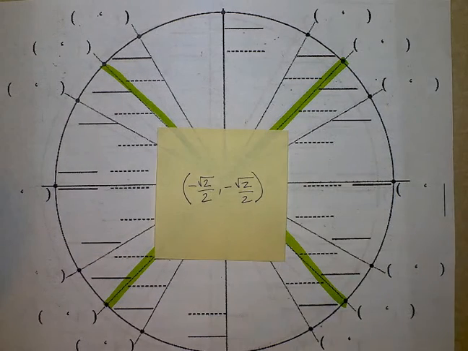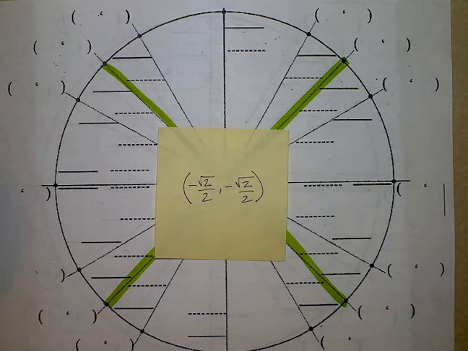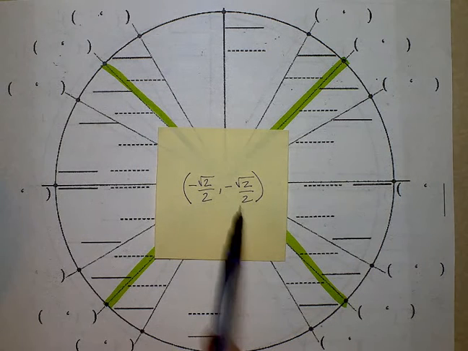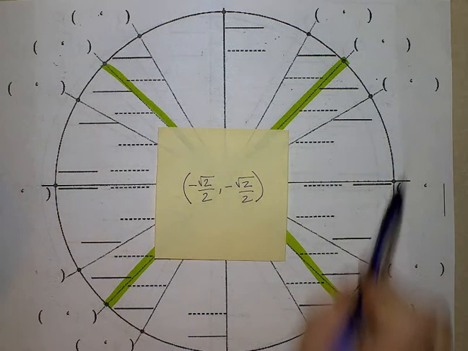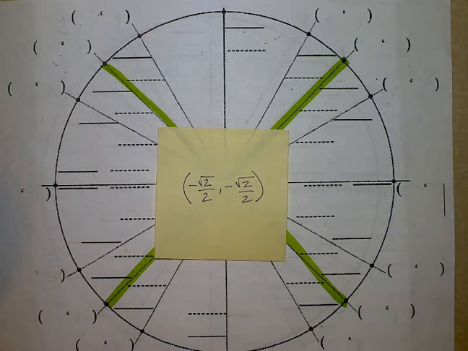You're on to number 10. Find this ordered pair on the unit circle and identify its radian measurement. Keeping in mind we're only doing once around the unit circle. Find this ordered pair on the unit circle and identify its radian measurement.